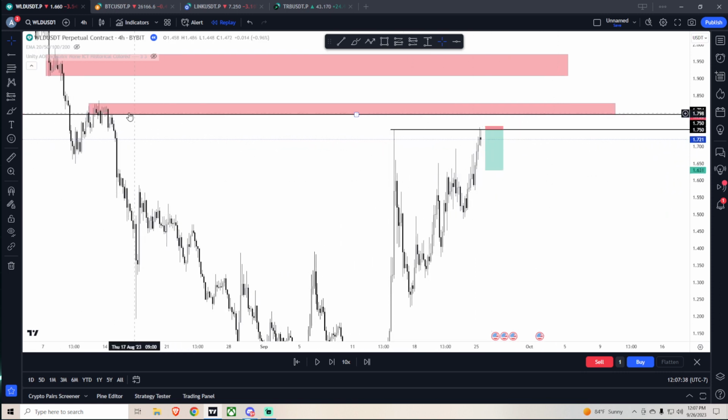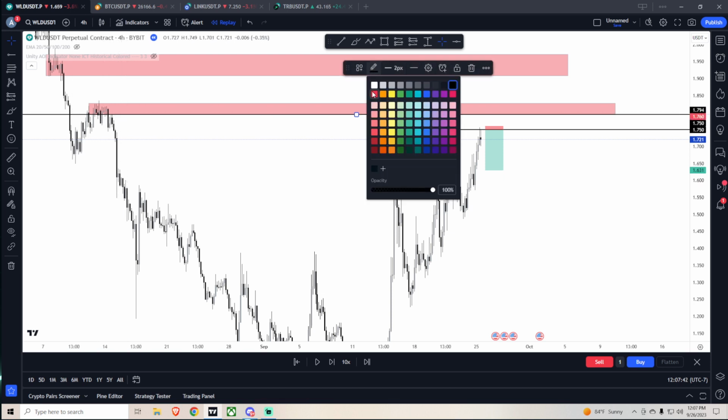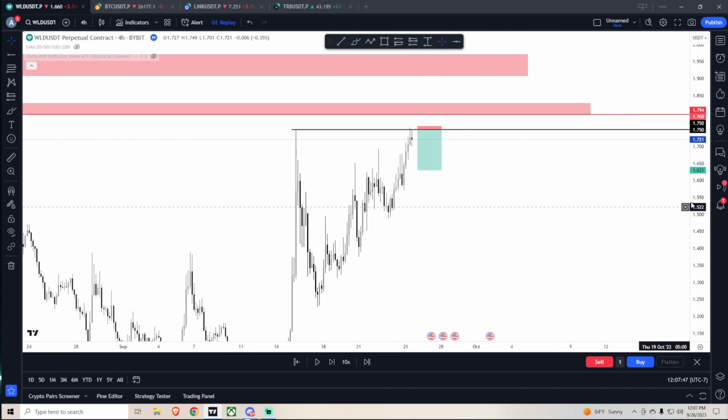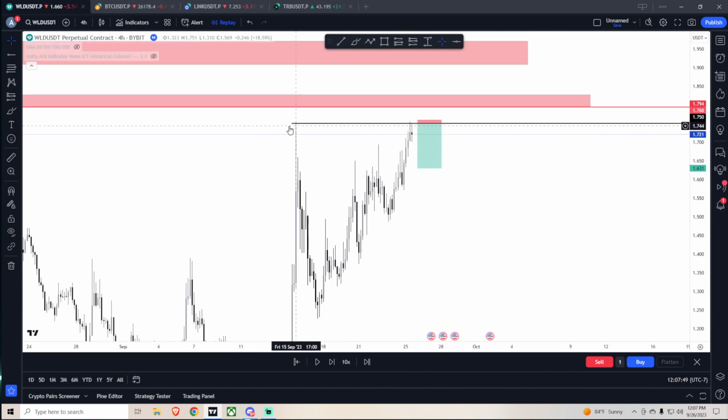So if I were to DCA, it would have been this resistance here. I'll make that red. Okay, so I would have placed my limits at previous swing highs if I had missed the swing failure.